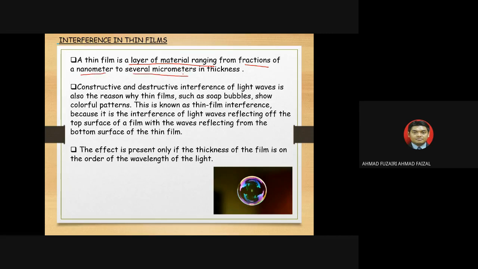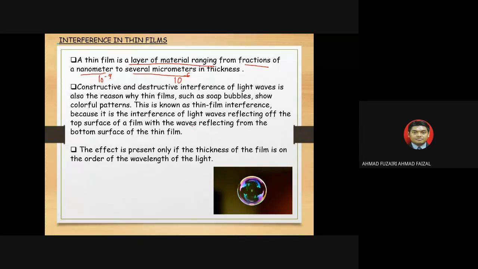It is very, very thin. In terms of meters, it is from nanometers to micrometers. Nano is 10 to the power of -9 and micro is 10 to the power of -6. So this is the range of the thickness.